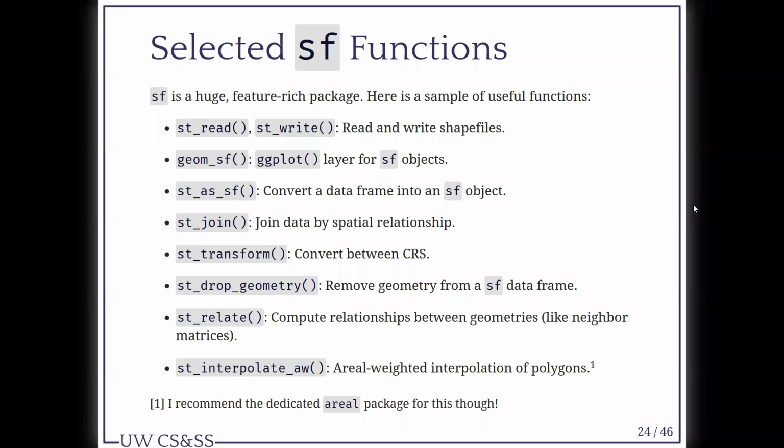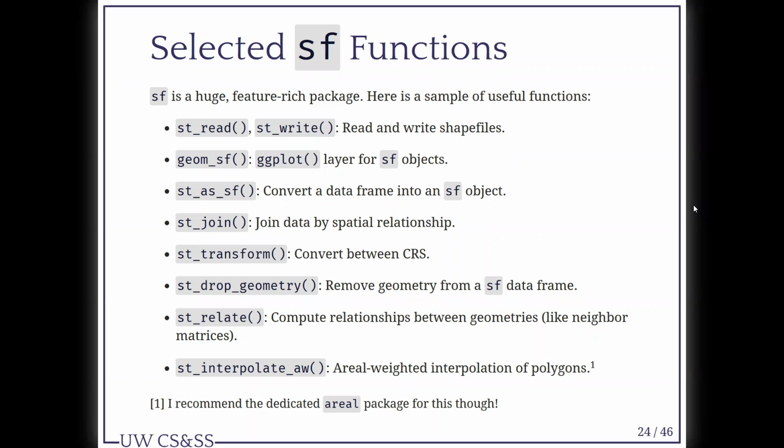You could get rid of those lakes on your map and then write the shapefiles back so that you could use them later without having to remove the water every time. geom_sf is the layer that you can add to ggplot objects. st_as_sf converts a data frame into an SF object. Sometimes your data frame will have your geometry columns and the other stuff that you need, but you need to convert it to an SF object in order to take advantage of all these great SF functions.